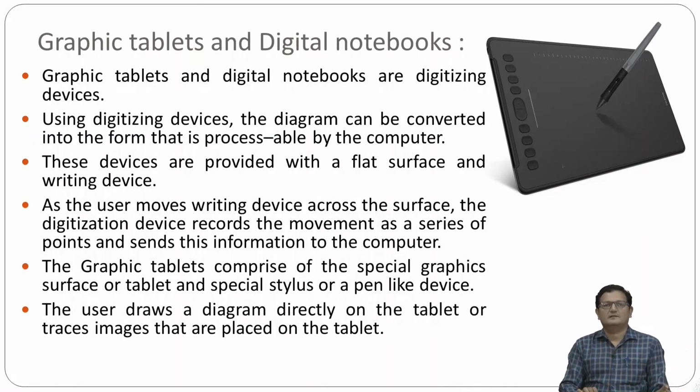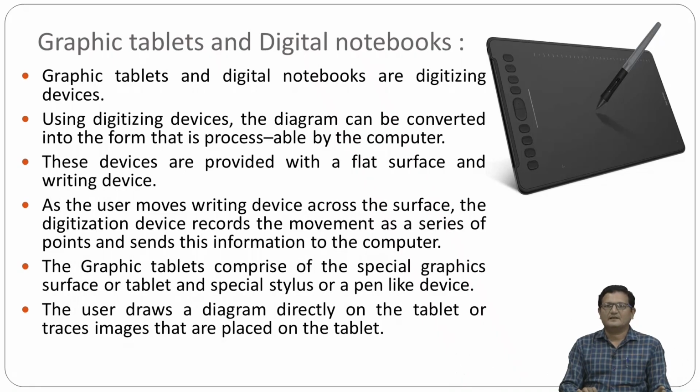One more device is also known as an input device, and you can see this type of device in the RTO or somewhere like that, right? Here there is a tablet, and along with the tablet you will have a special pen.